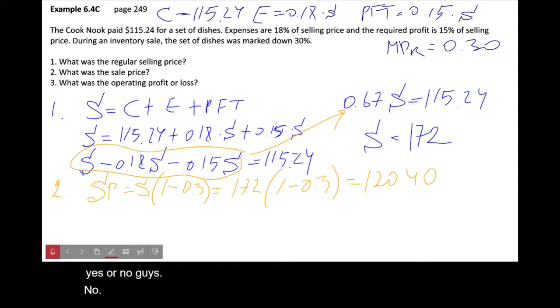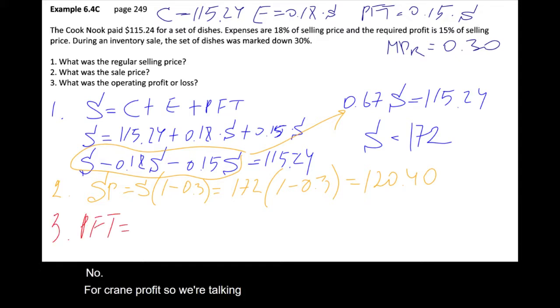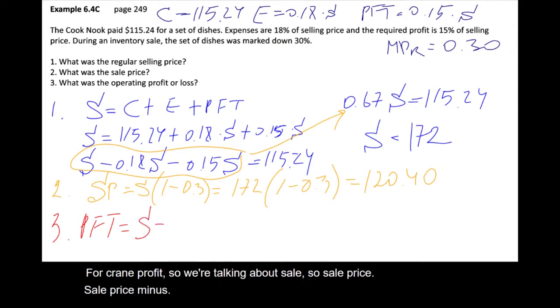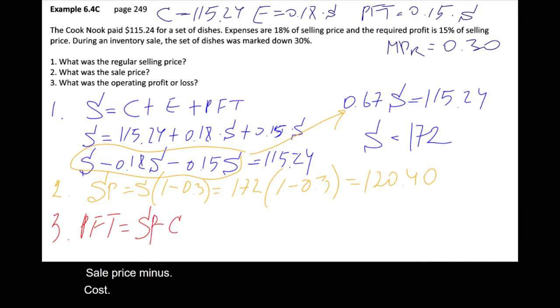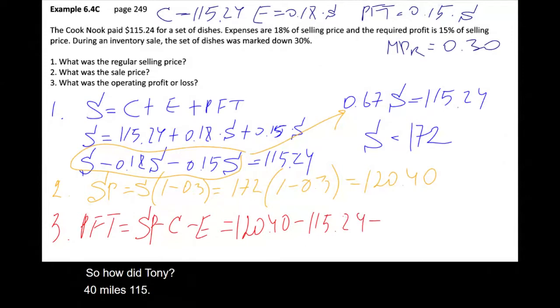Now, operating profit. So we're talking about sale. So sale price minus cost. Sale price minus cost minus expense. So 120.40 minus 115.24 minus 0.18 times 172.